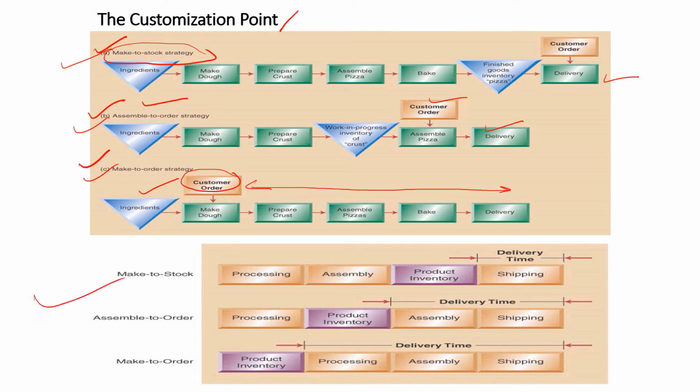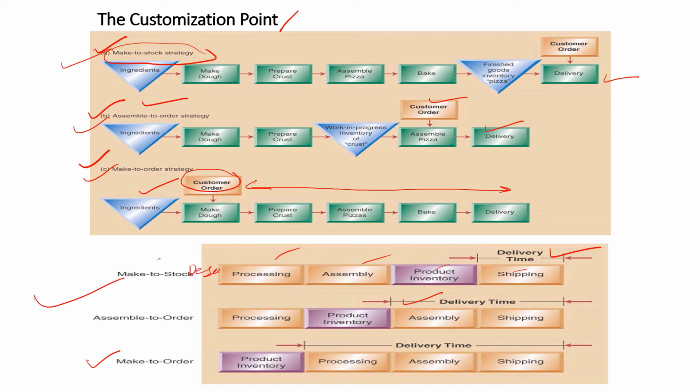As you can see from this diagram as well, the delivery time in make to stock is quite low compared to assemble to order or make to order. In these diagrams we were talking about processing, or you can say production, assembly, inventory, and shipping. We were not discussing the design process.